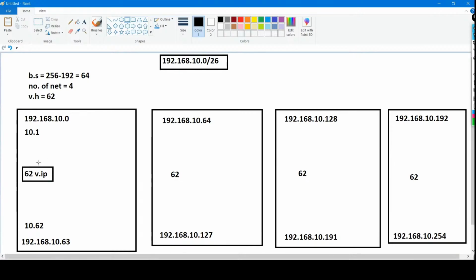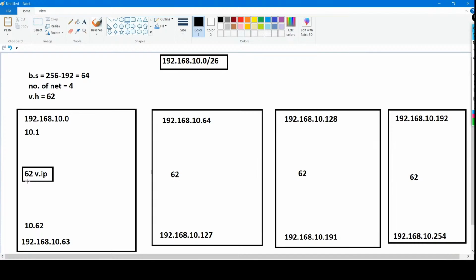And if I divide it into 8 parts, valid hosts will reduce to 30 and the number of networks will increase to 8. So this is what we are doing: reducing the valid hosts in a network.